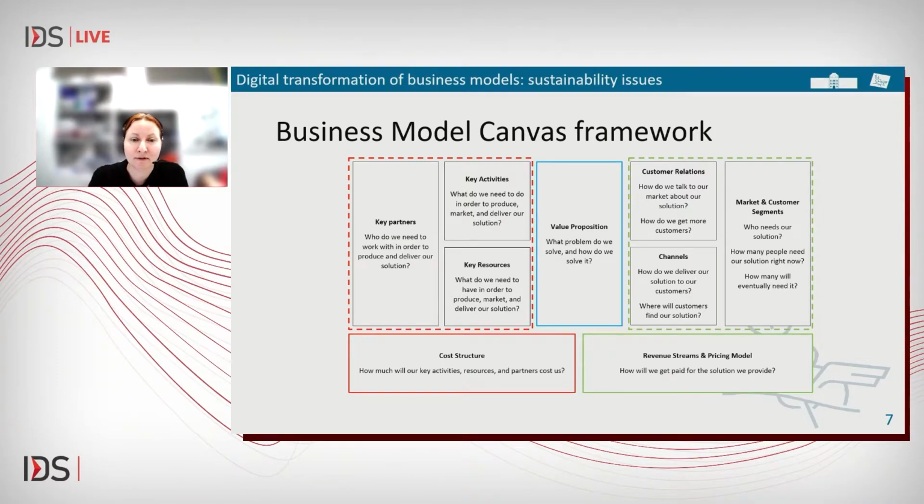How many people need our solution right now? And how many will eventually need it? And we have different channels through which we can communicate with our customers. Here we have to answer two questions: how do we deliver our solution to our customers, and where will customers find our solutions?